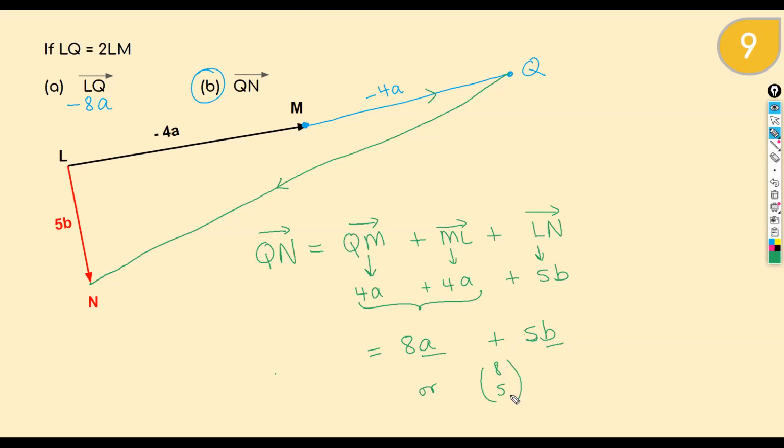Remember, if you write it like this in fancy form, you're telling the examiner the top number is i and the underneath number is j. This question has nothing to do with i and j. Remember last week, we said over and over and over, fancy form, column form, vertical form is only reserved for i and j, right? At least try your best to do that. Otherwise, the examiner is going to misinterpret it.